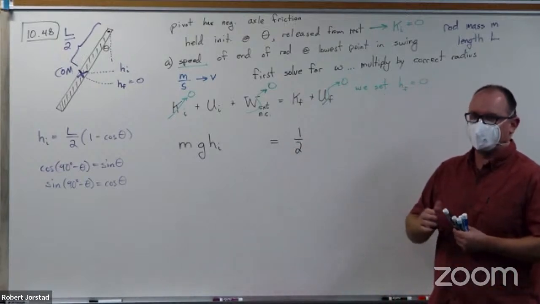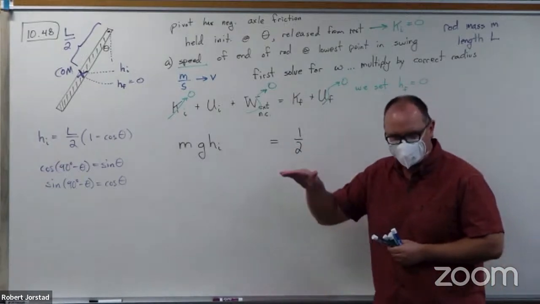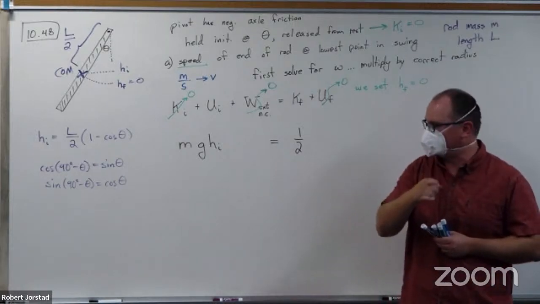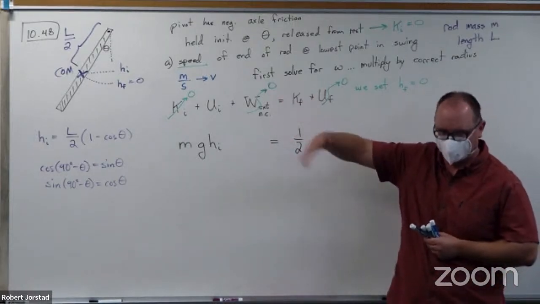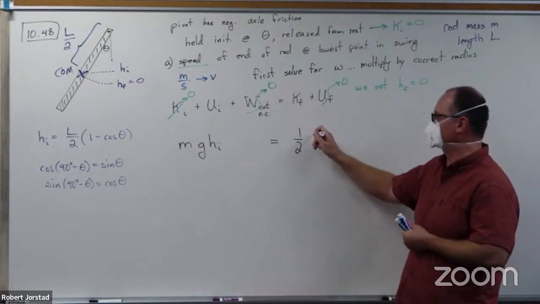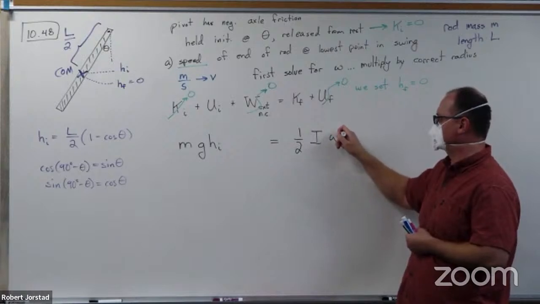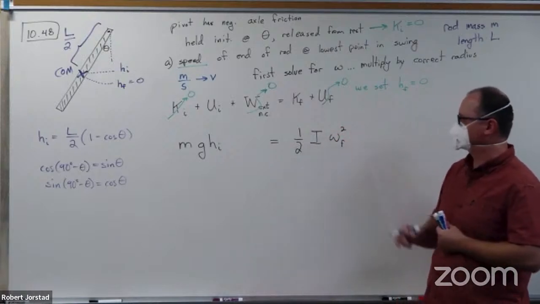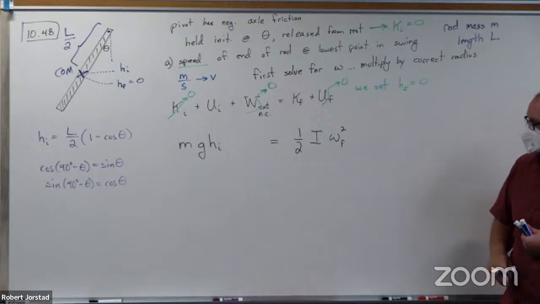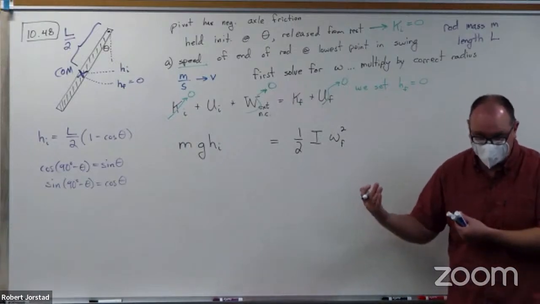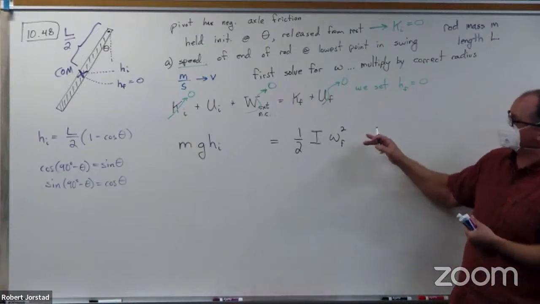If we had one object that was translating, we would use the one half mv squared. In this case, we have a swinging or rotating object. We've got to use the moment of inertia term, which is one half I omega squared. Before we plug in all the garbage, let's solve for the thing that will help.